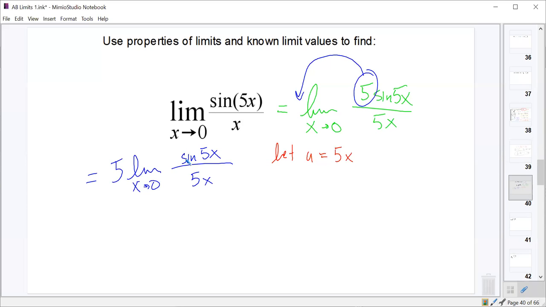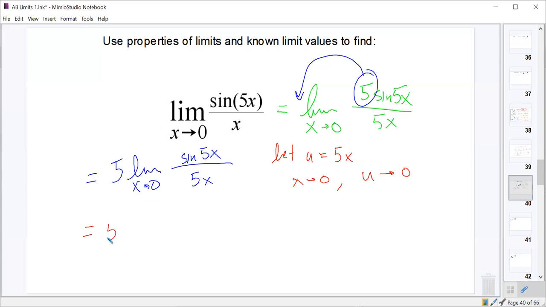All right, well, that's cool. That's going to give me sine u over u, right? As x approaches 0. So I don't want x approaching 0. I want it to be u approaching something, right? So what happens to u as x approaches 0? As x approaches 0, u approaches 0 also. Convenient.